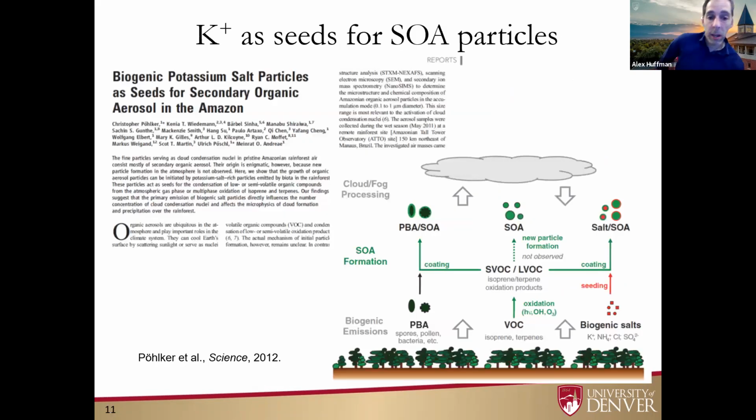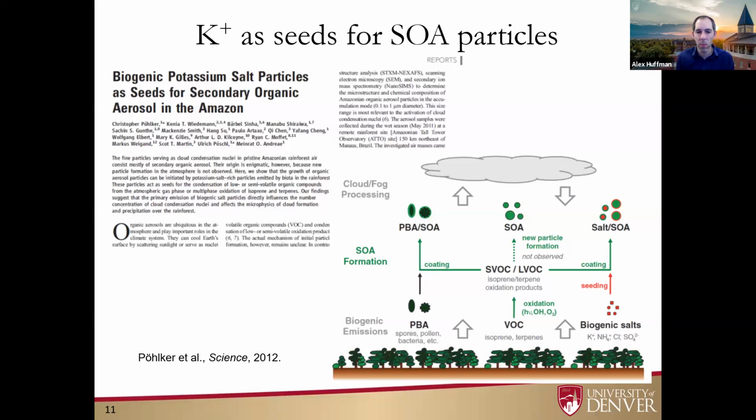So I just mentioned that some of the potassium is attached to these fungal spores. It turns out that the potassium that gets launched into the atmosphere as a result of this and other similar processes can actually become seeds for the deposition and condensation of other organic materials.